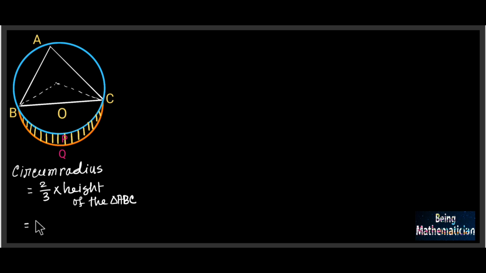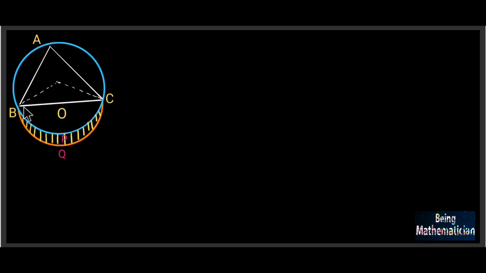Now let's calculate the circumradius. 2/3. We know that the height of an equilateral triangle is √3/2 into the length of sides. So we can write √3/2 into 42, and it is calculated as 14√3 centimeter.